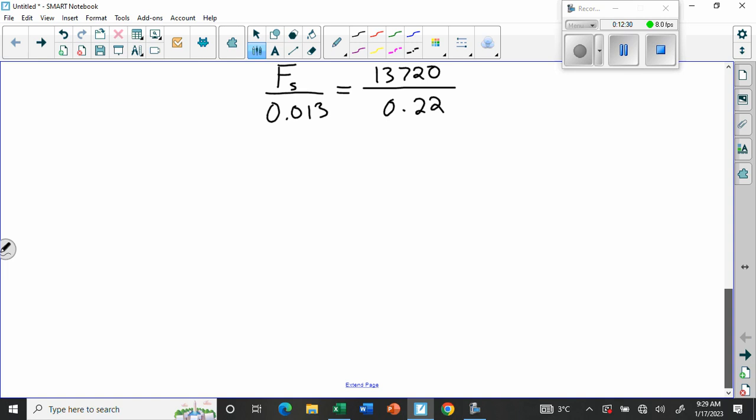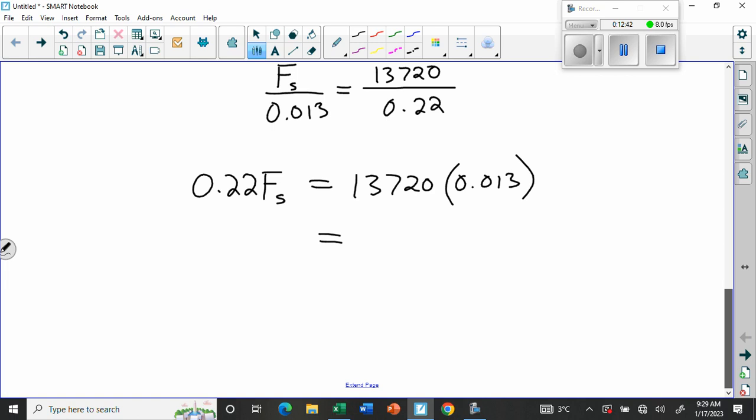We're going to cross multiply this. So we're going to put the Fs and we're going to multiply the 0.22 over there. And then we're going to multiply the other two like this. So we get a nice simple equation. So 13,720 multiplied by 0.013 is going to come up to about 178.4-ish. Okay.